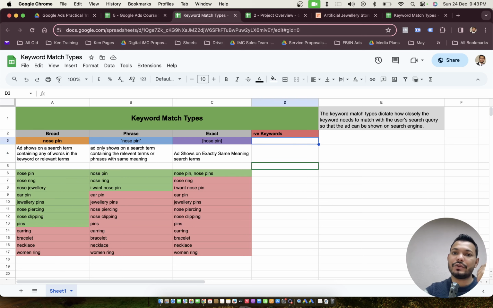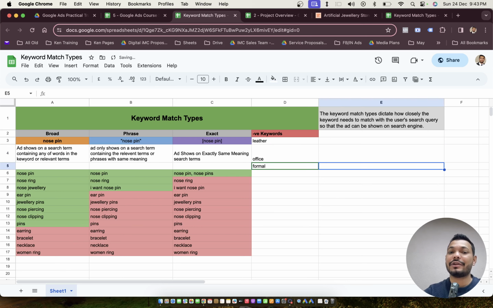In that case, you know that anytime someone searches leather shoes, your ad should not be showing to those people. Or when someone types office shoes, or formal shoes, again, your ad shall not be showing to those people.